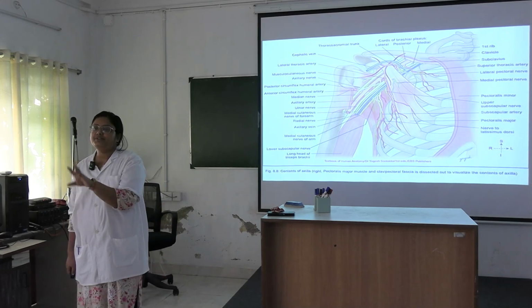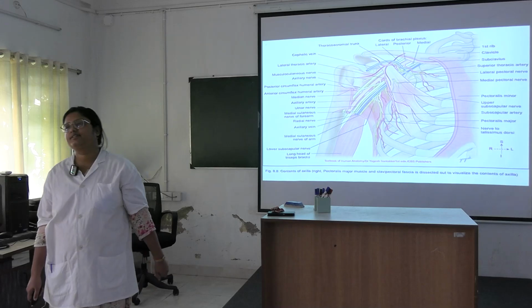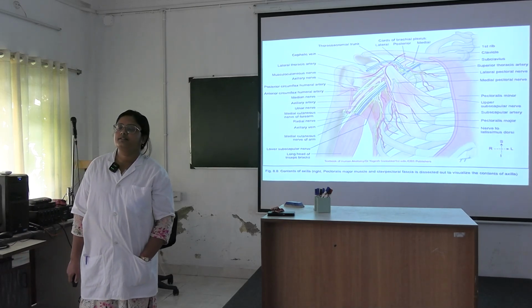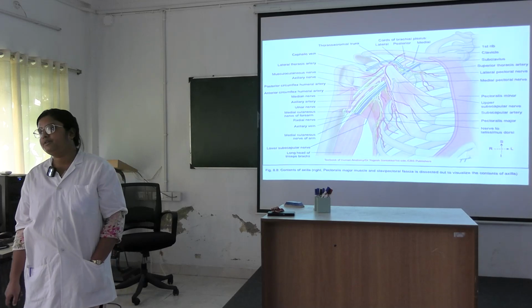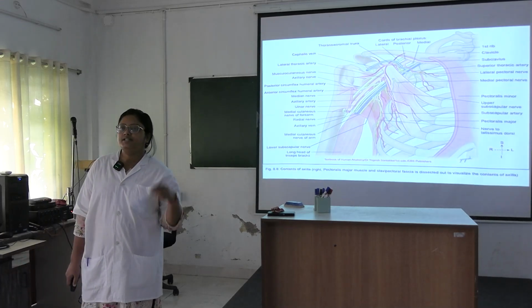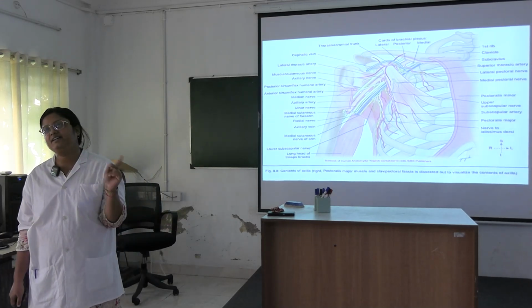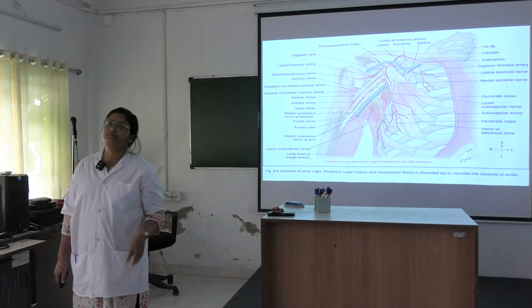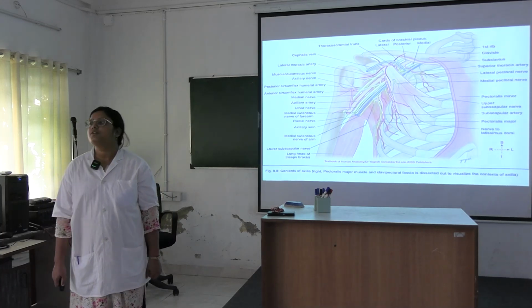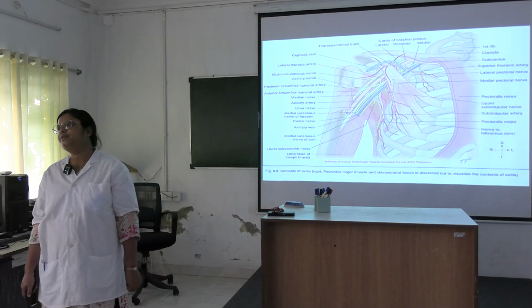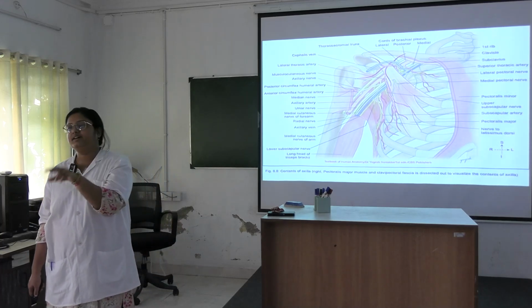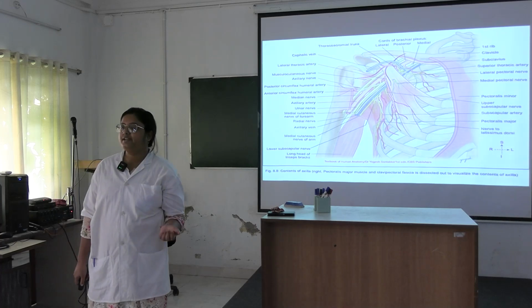Next you write down musculocutaneous nerve. It is piercing the coracobrachialis muscle.